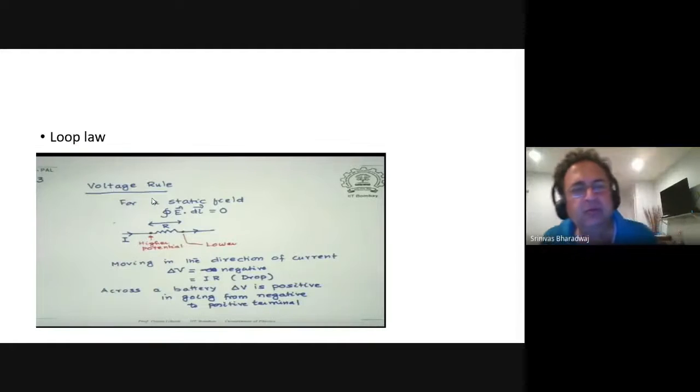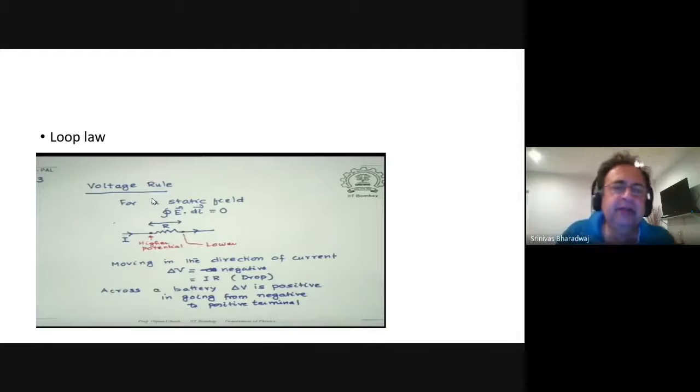Now the voltage rule. What it says is, if you have a voltage and you have a current I coming in, the drop is equal to I times R. So as you go around in that loop, you say minus IR.